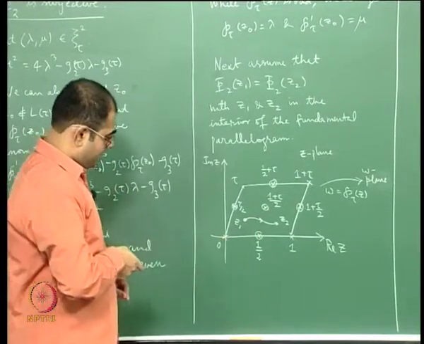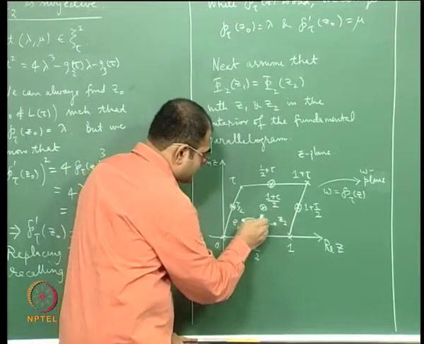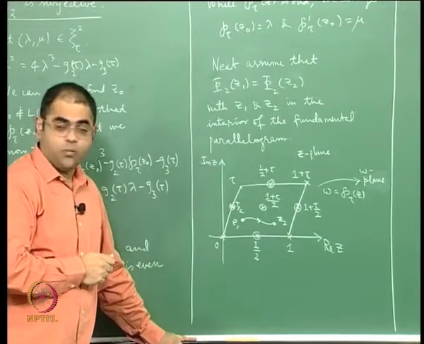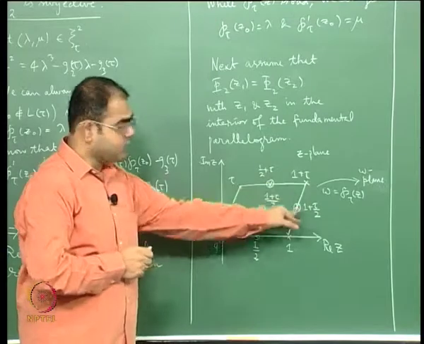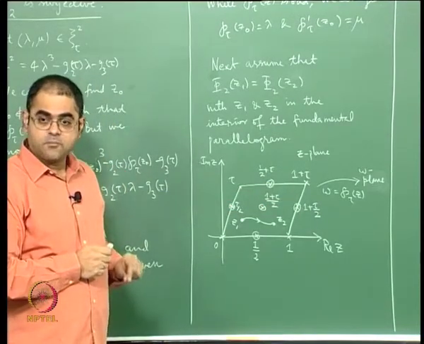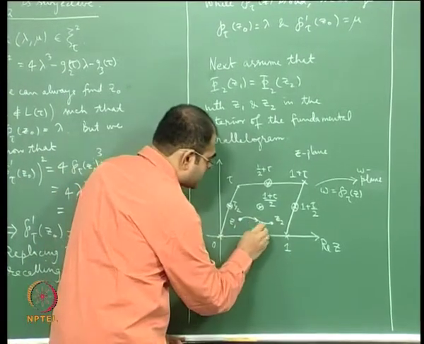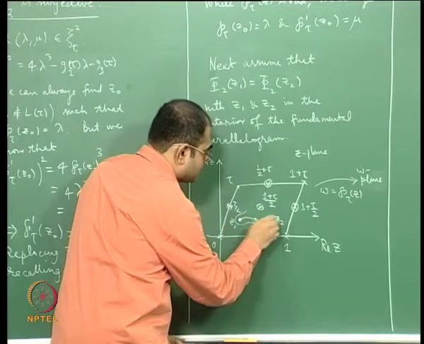And I can also find a simply connected neighborhood of that path which does not contain any of these zeros of phi prime or poles of phi or phi prime.